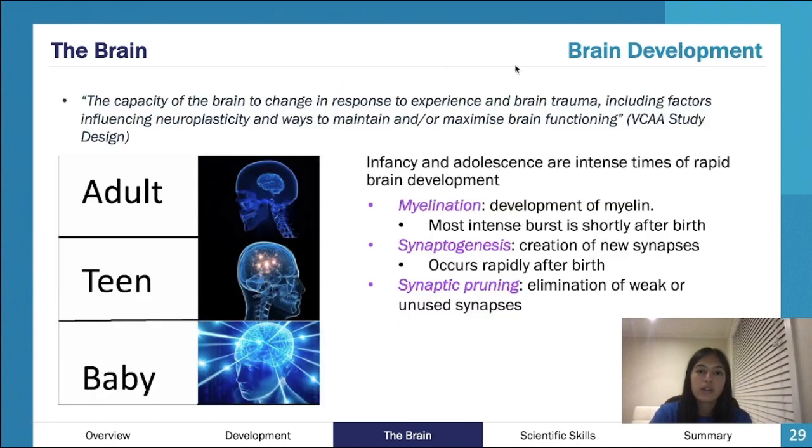Okay, so we now look at how the brain changes, and how, when we experience things and learn things, that actually changes the brain physiologically. We look at these three processes: myelination, synaptogenesis, and synaptic pruning.